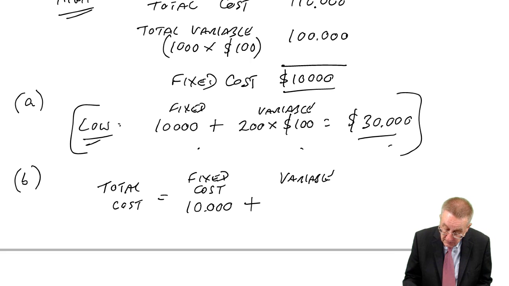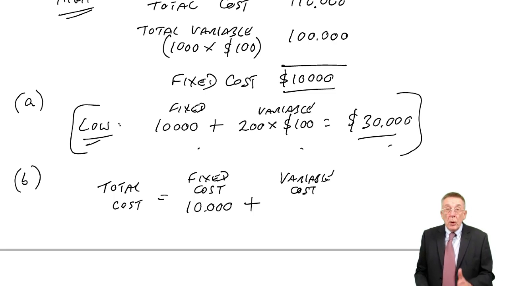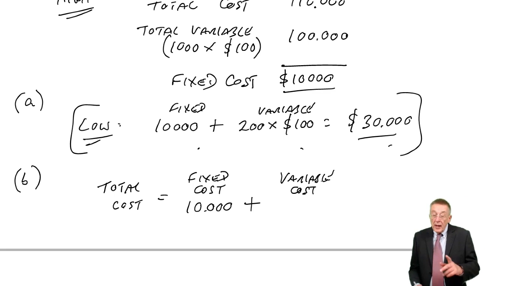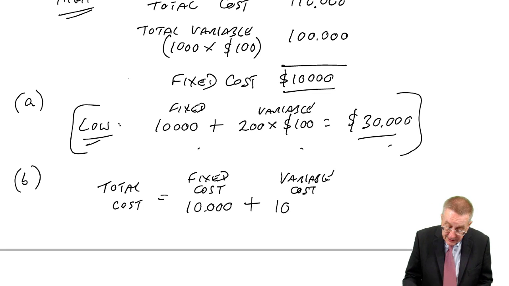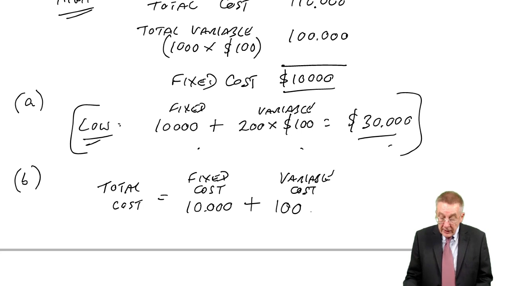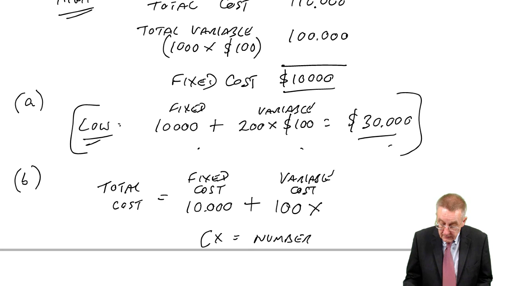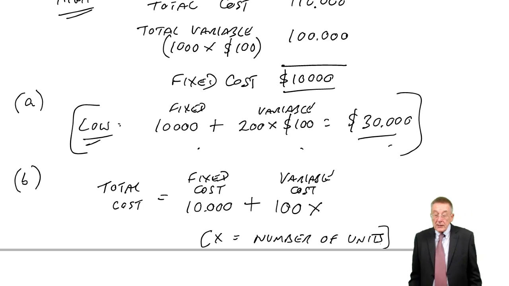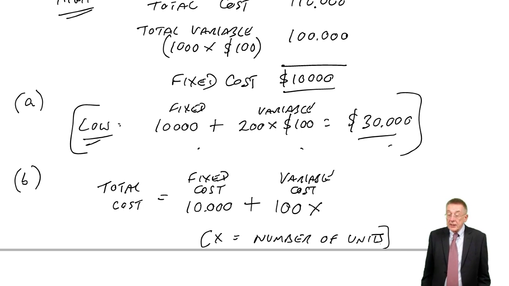And what will the variable cost be? Well, it's $100 a unit. It'll be 100 times X, where X is the number of units. So that's what it means by presented as an equation.